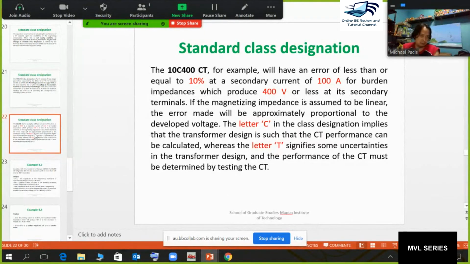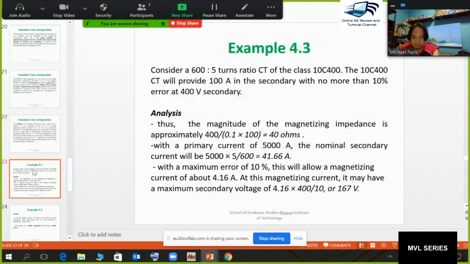You can get those class designations on some of the manuals or specifications of the transformer. If you have a 10C400 type, it means it has an error of 10% with a secondary of 100 amperes, as explained a while ago, and which still produces 400 volts or less at the secondary terminal.